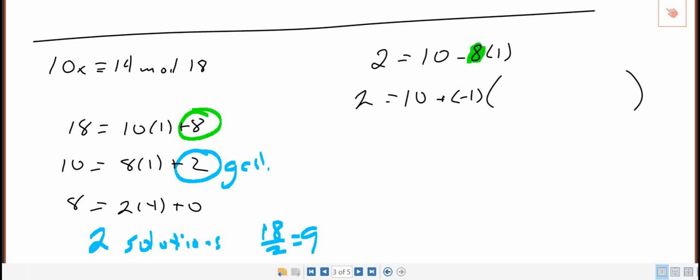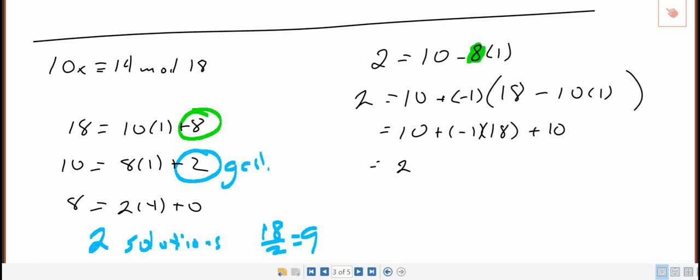Then the 8 is 18 minus 10 times 1. So I'm going to distribute. So that's a negative 1 times 18 plus 10. All right. So now there's 2 of those. So 2 times 10 plus the negative 1 times the 18. Okay.